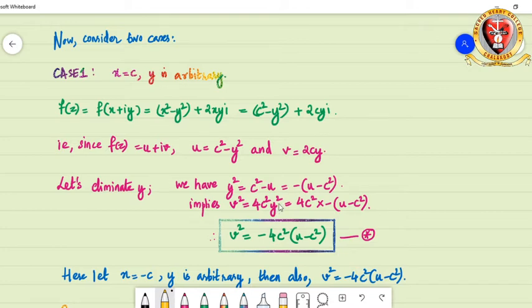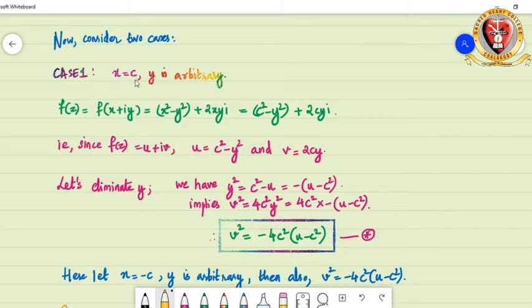And instead of this y square, substitute what we got from the first equation, that is minus 4c square into minus of u minus c square, to obtain v square is equal to minus 4c square into u minus c square. So what we obtained is how the image looks like, right?